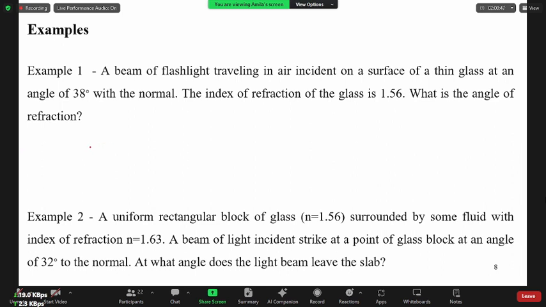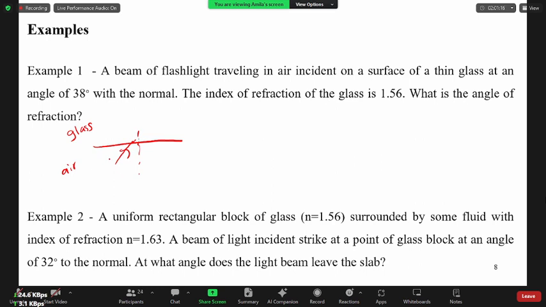So it is clear the two mediums are air to the glass, right? So we can mark the normal. So beam of flashlight traveling in air incident, which means light incident this way.